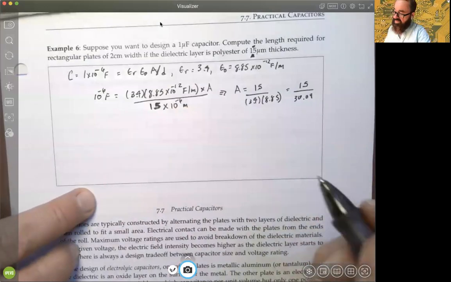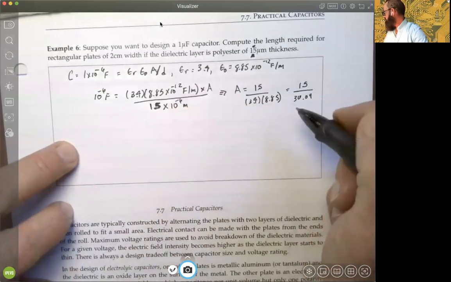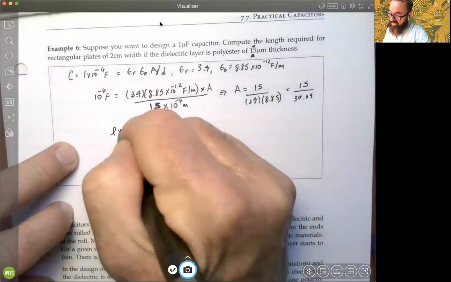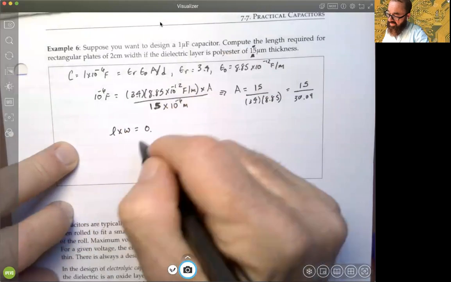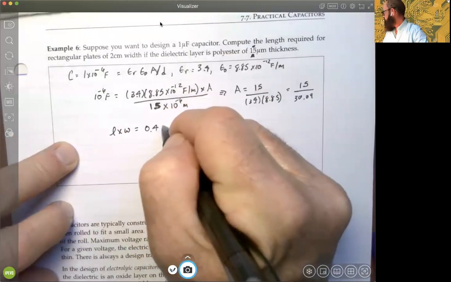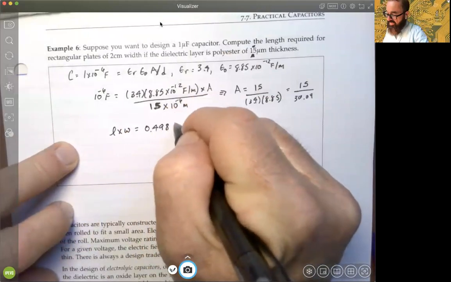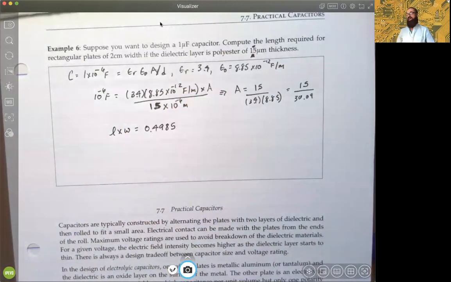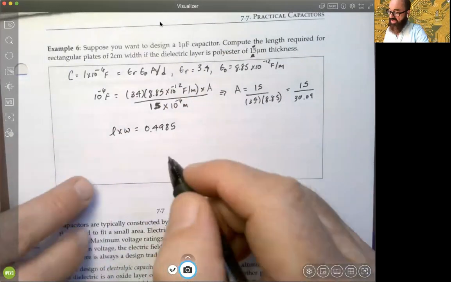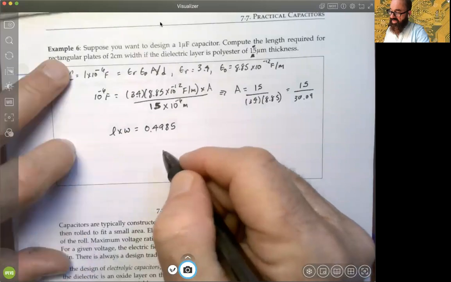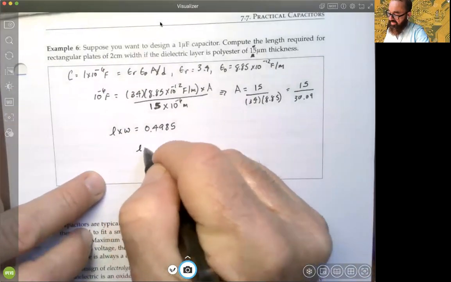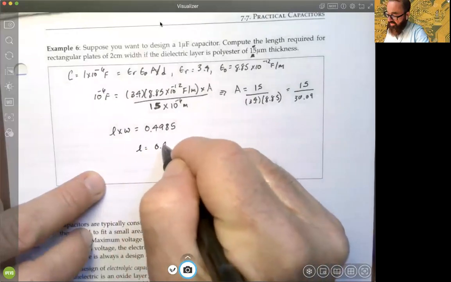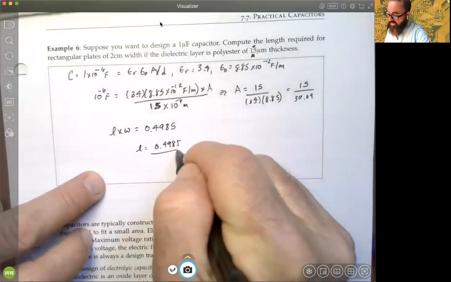And so that tells us that that value of the length times the width has to be, according to calculator, divide that out, it's about a half, 0.4985, okay? Almost a half. And the goal was to get the length. If you know the dimension is 2 centimeters, so therefore the length then must be 0.4985. Again, be careful with the units.